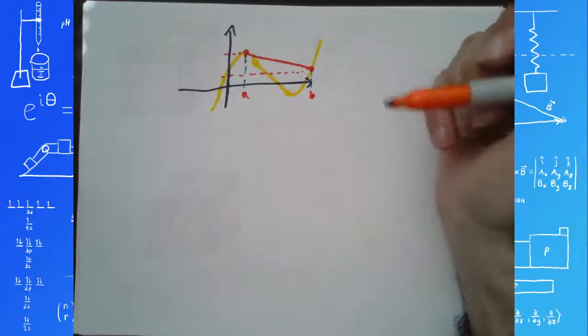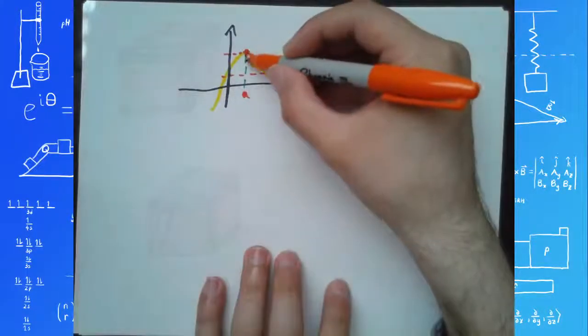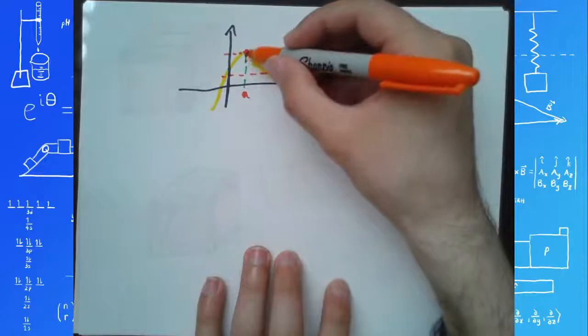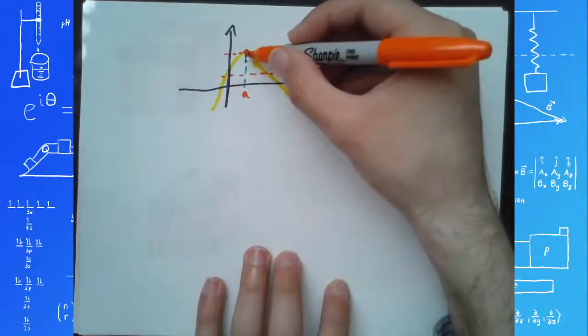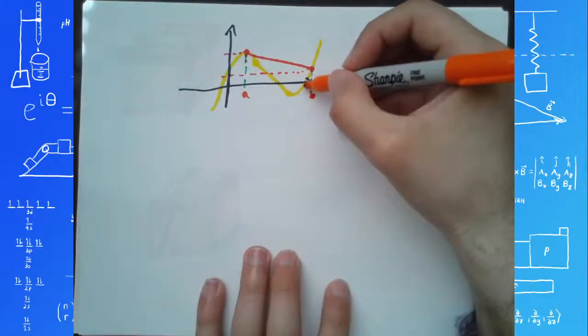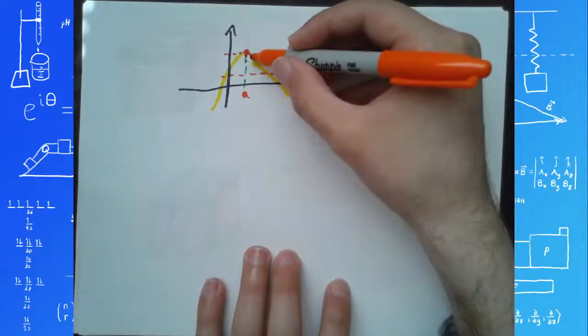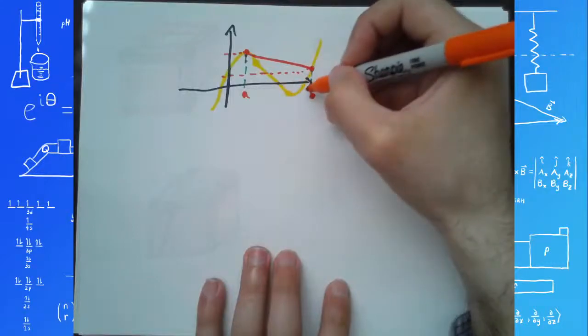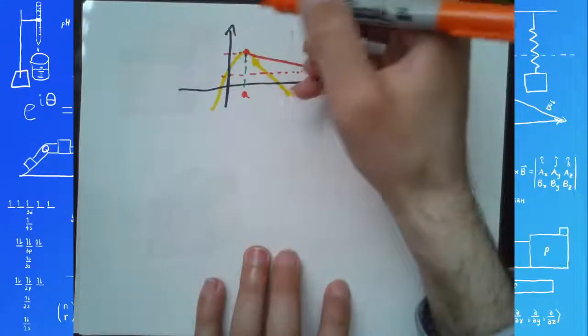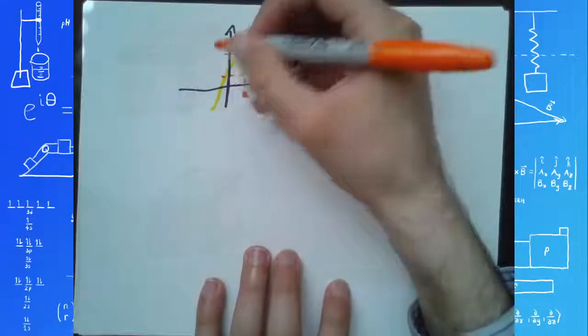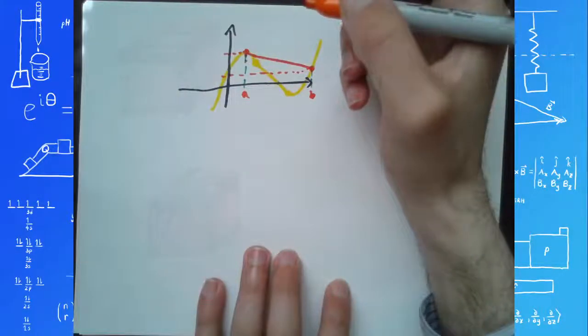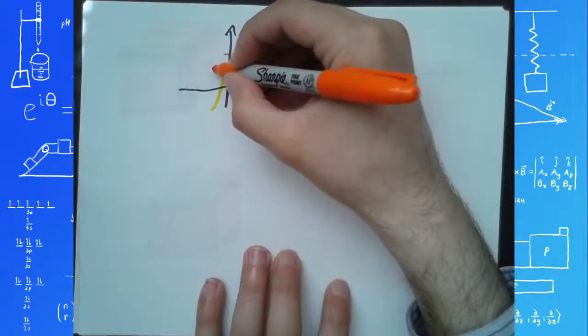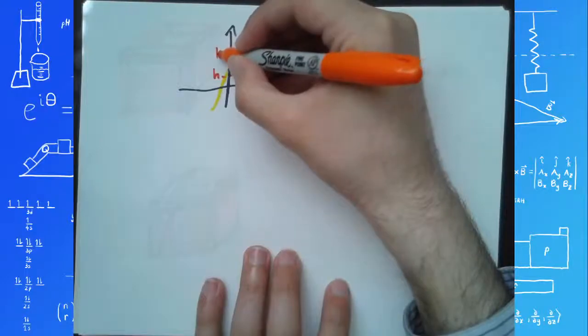Another way you could get there is you could go down and then back up eventually. That's what this graph is actually doing. It goes down and eventually comes back up. Now, it covers more y values than the ones in between. Let's call them h and k.